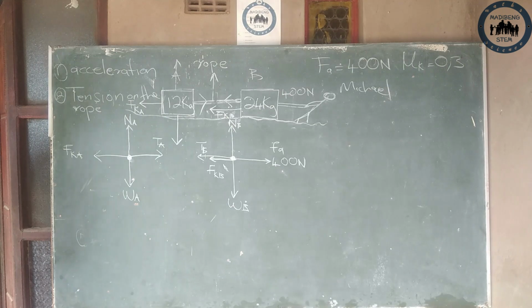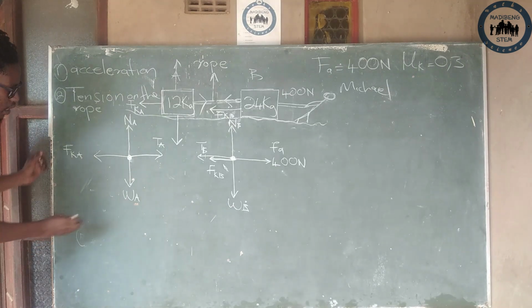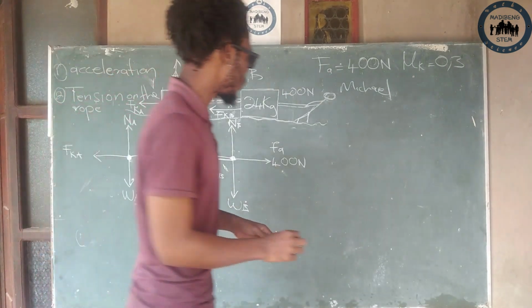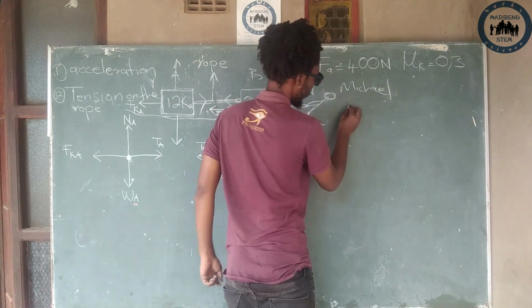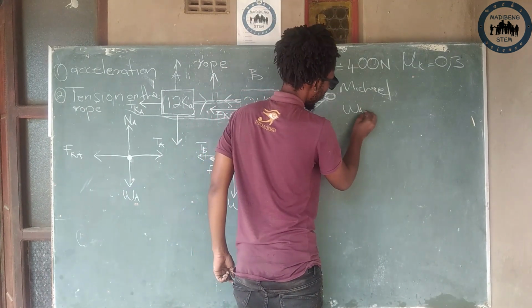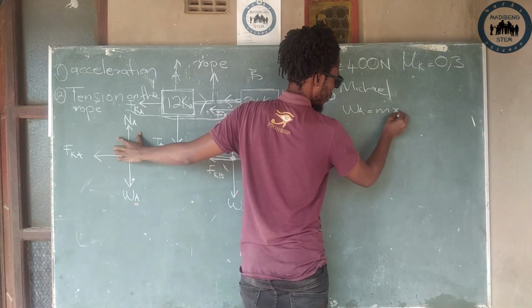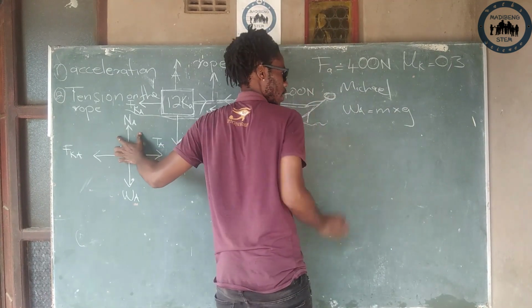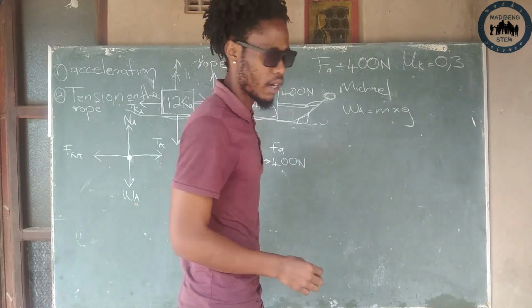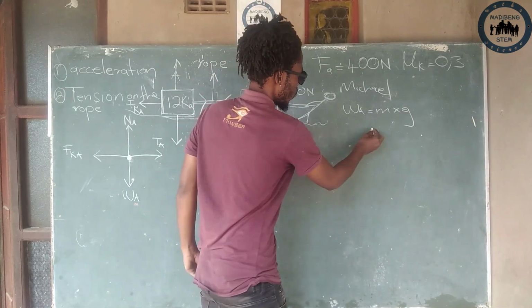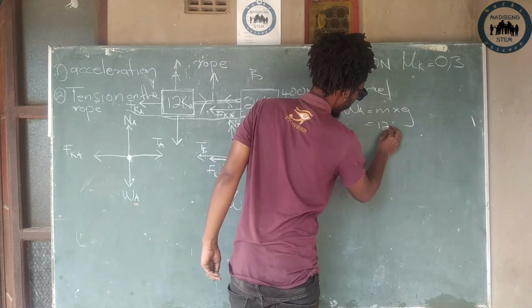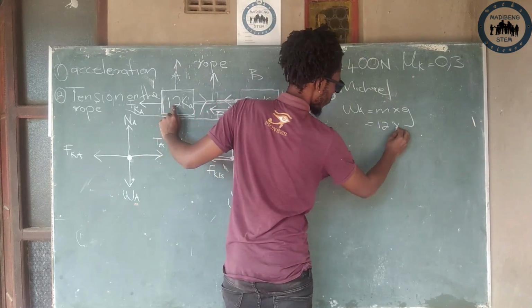So in this case, let me do them here. Weight for object A is mass times gravity. You know the formula for weight. It's mass times gravitational acceleration. So our weight here is 12 times 9.8.